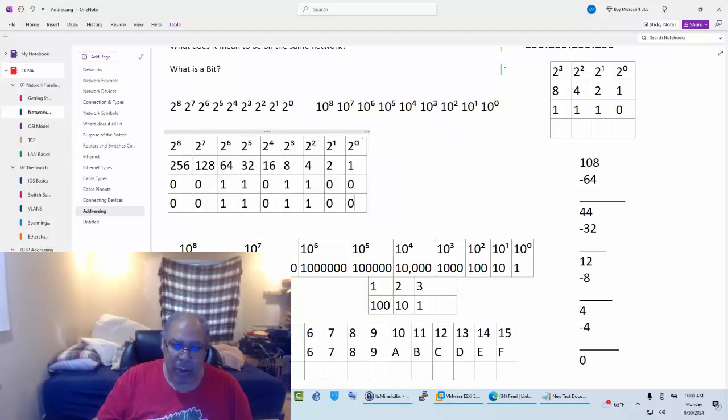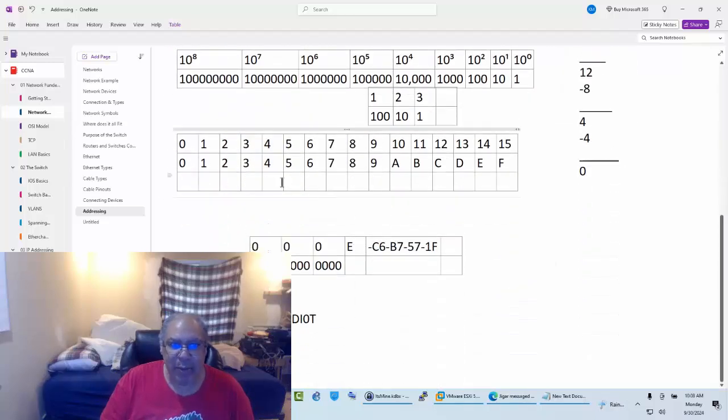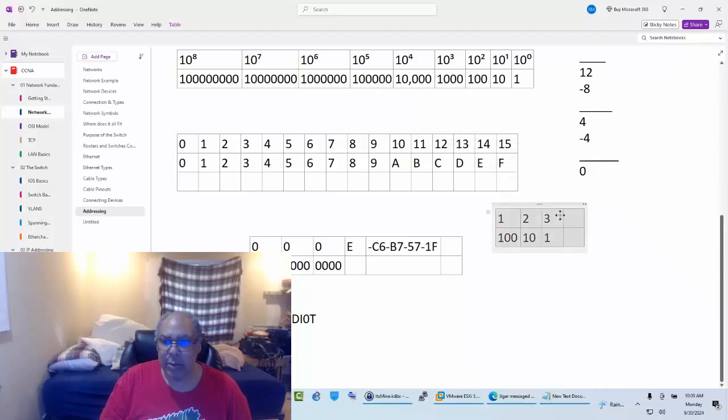Hexadecimal, okay? We did that already, right? Because we got to figure out for each 4 bits what exactly we are going to be doing for those bits. 1, 2, 4, 8.